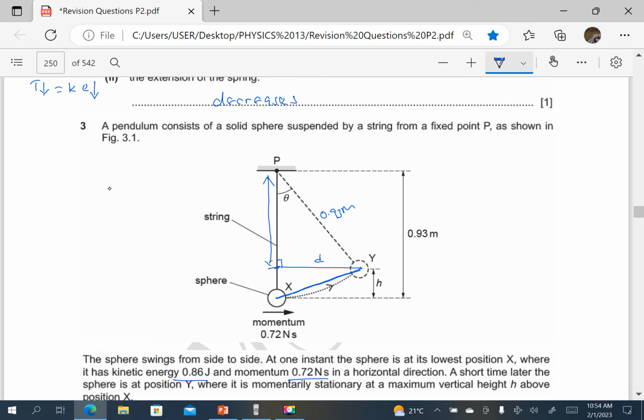And because PX is the same as PY, I can easily find this distance here. And how will I find that distance?